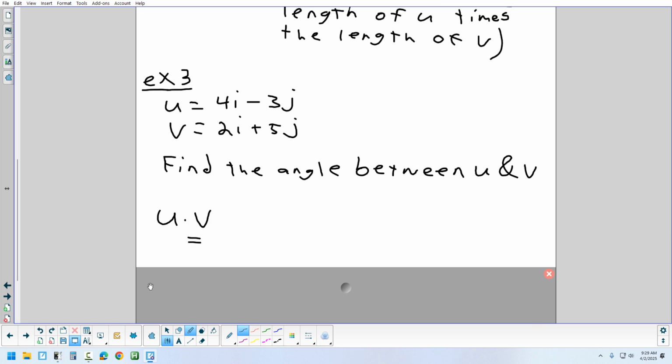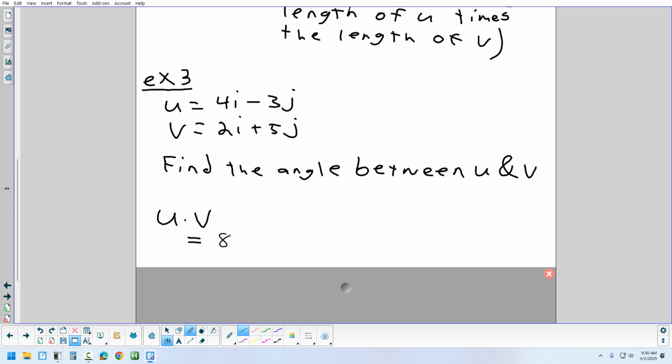Okay, first two numbers that I'm going to multiply to get my dot product are what and what? Wait. 4 times -3. No, not 4 times -3. 4 times 2, yeah, which gives me 8.